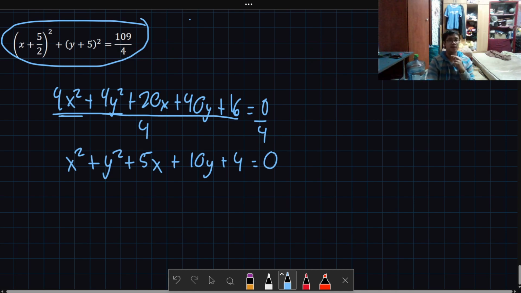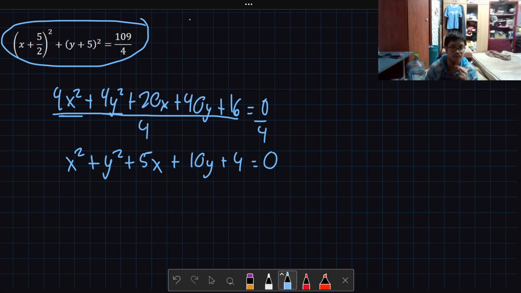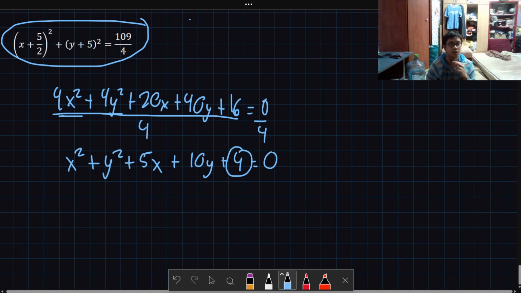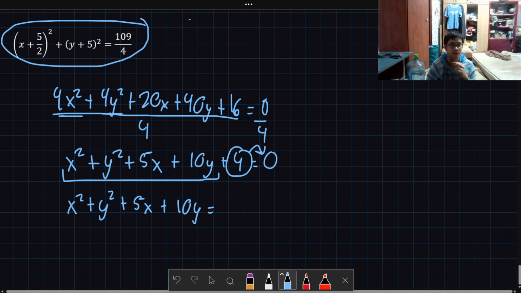Then we proceed to the next step. We simply group all the terms that have variables on the left, but the constant term shall be put on the right side. So let me copy them: x squared plus y squared plus 5x plus 10y is equal to negative 4.